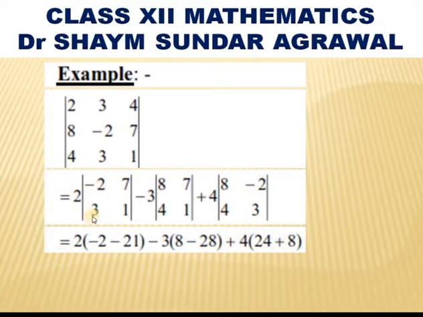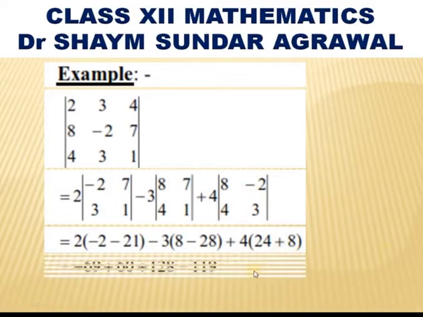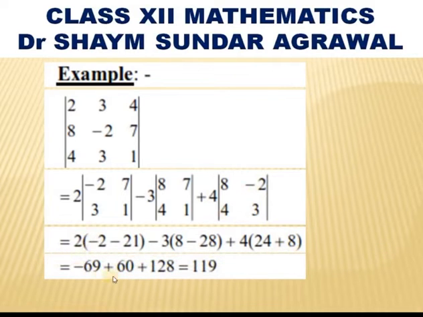That is the same as 2 into, now each one is a determinant of order 2, minus 2 into 1 is minus 2, minus 3 into 7 is 21, minus 3 into 8 into 1 is 8, minus 4 into 7 is 28, plus 4 into 8 into 3 is 24, minus 4 into minus 2 is minus 8. So minus of minus is plus 8. That is equal to minus 69 plus 60 plus 128, which is 190.